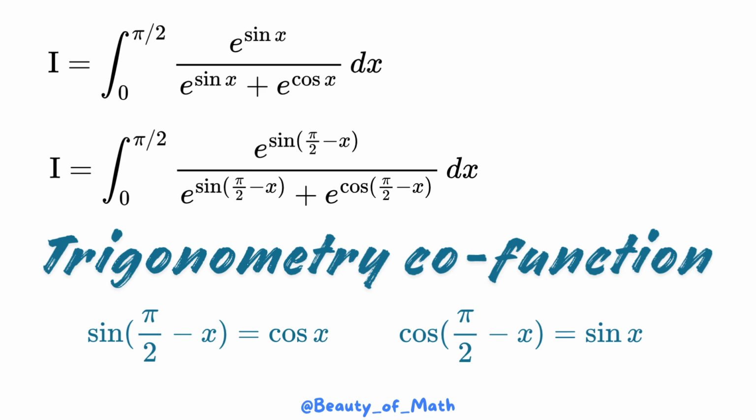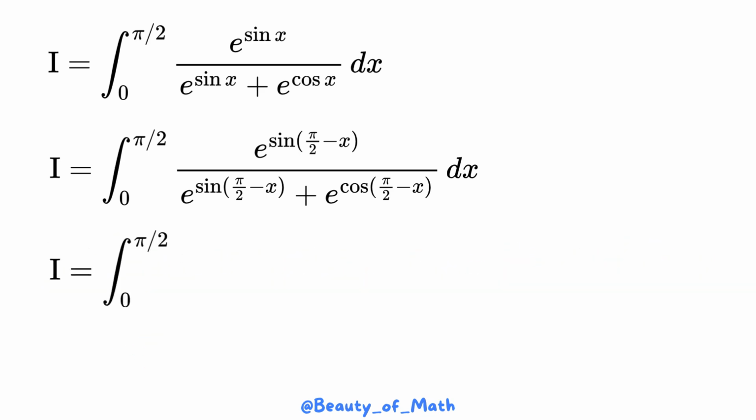Let's substitute those simplified terms back into our fraction. Our new numerator becomes e raised to the power of cosine x. Our new denominator becomes e raised to the power of cosine x plus e raised to the power of sine x. We now have a brand new equation for capital I.